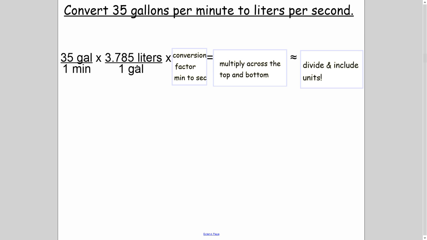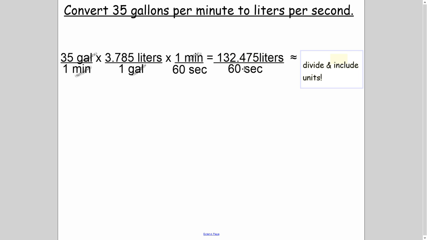If I'm going to get rid of the minutes, they go on the top, and seconds are going to go on the bottom. So minutes are going to go away. Then multiply across the top, multiply across the bottom. To finish this up, we're going to divide. And our units are what's left over, liters per second.